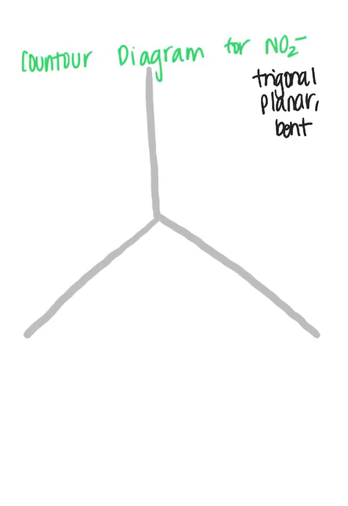Okay, so first thing that you do, you're gonna write out your N in the middle for nitrogen, and the easiest one would probably be for nitrogen just because it just has a lone pair. So you're gonna write sp2 and the lone pair.